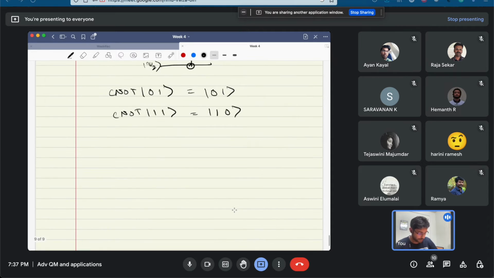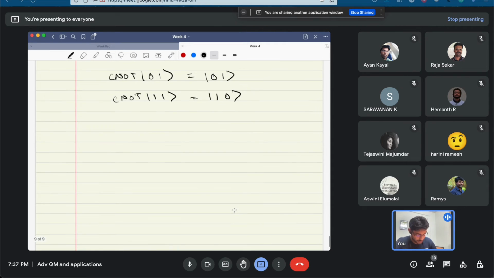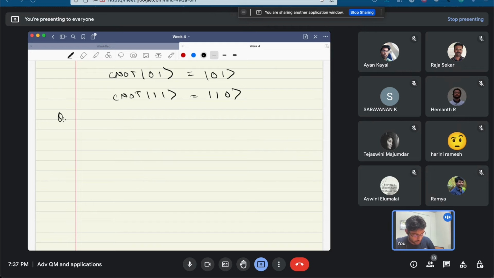Okay, so let us do some questions and see how it actually works out. Firstly we have a circuit in this form. These two are the Hadamard gates operating on both.